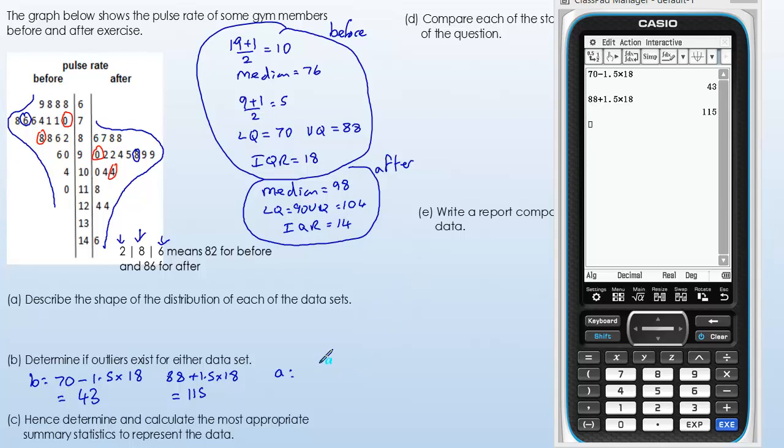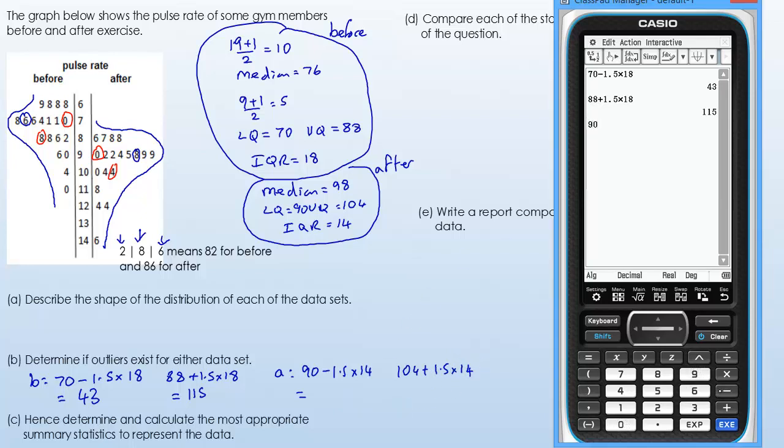Let's look at the after. So lower quartile, so we'll go 90, take away 1.5 times 14. And we also need to do the upper quartile, 104, add 1.5 times 14. So 90, take away 1.5 multiplied by 14, gives us 69.